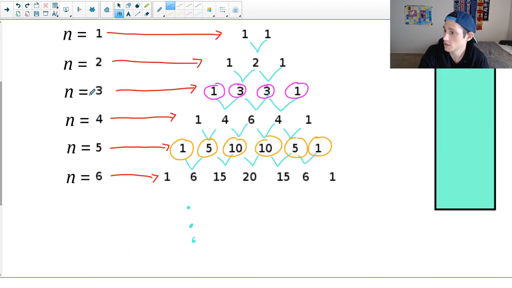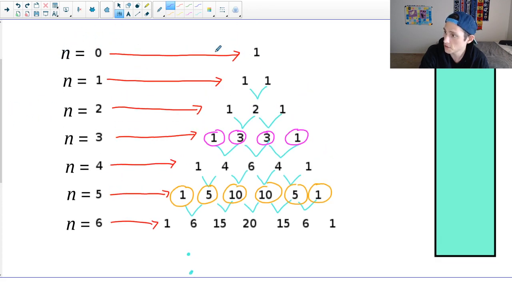So I'm going to go to the n equals 4 row. Be careful, make sure you know that this top one is technically when n equals 0, which makes sense because anything to the 0th power is just 1. There won't be any binomial because it's just to the 0th power.